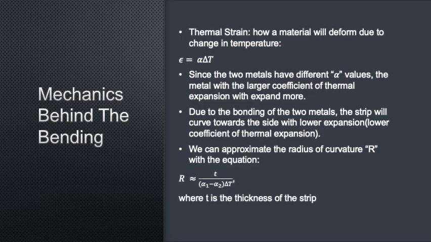This is all because of the mechanics and the math behind it, which is the thermal strain, which is how a material will deform due to a change in temperature, as can be seen in this equation that we talked about in class. We have a strain due to some change in temperature times some coefficient of thermal expansion.